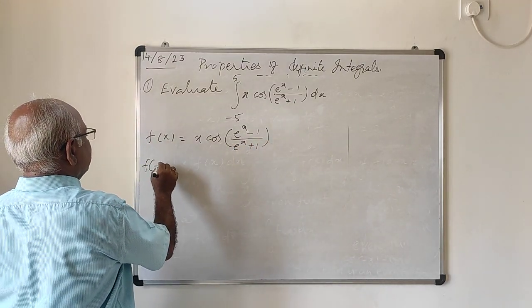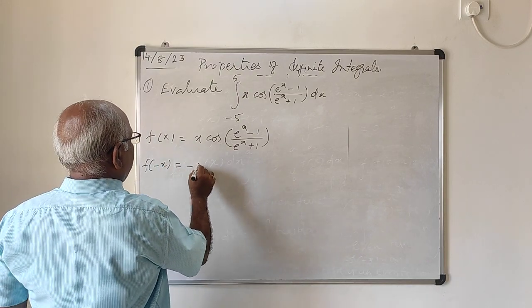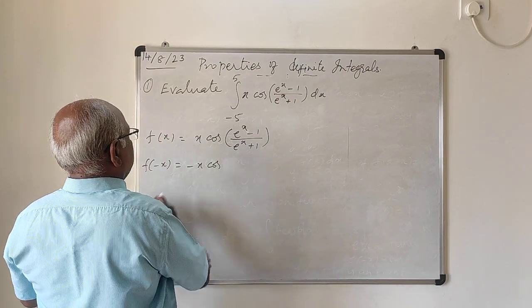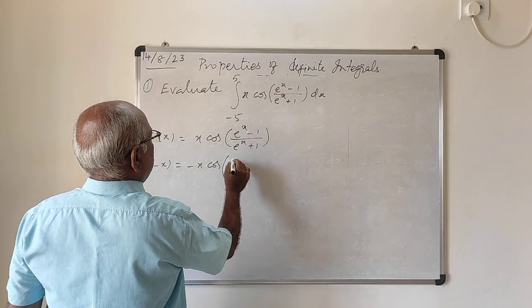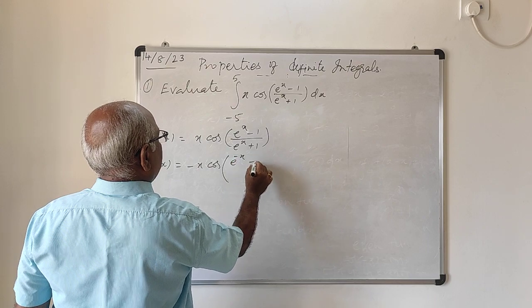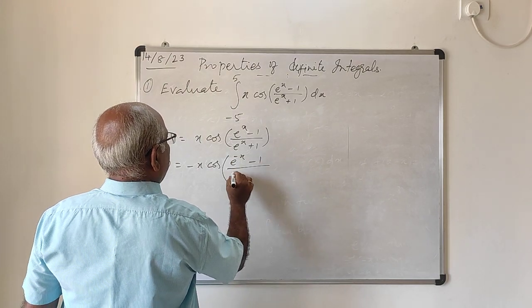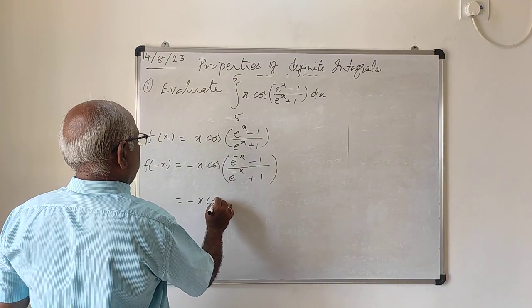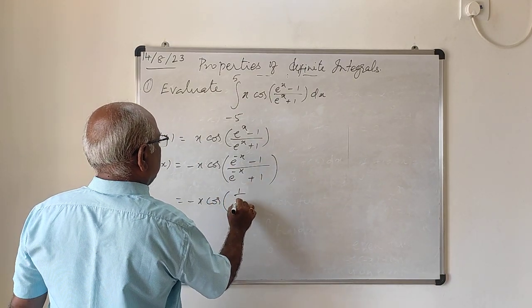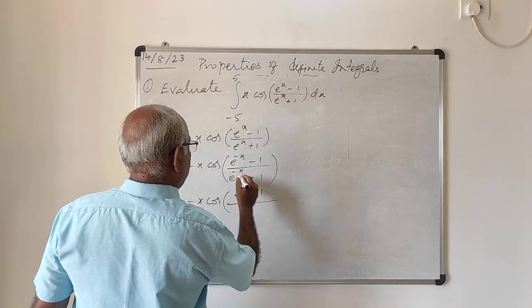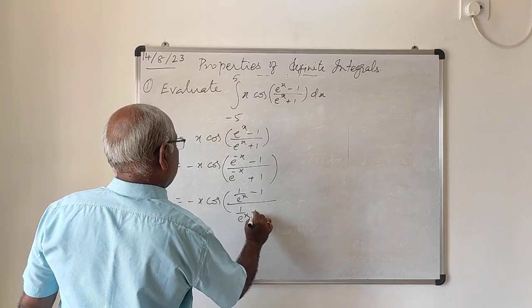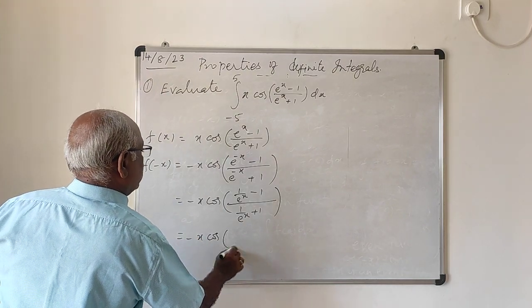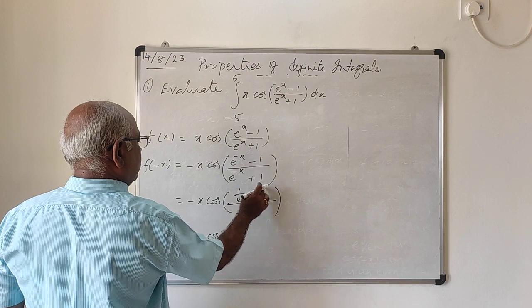What is f of minus x? This is minus x into cos of, in the place of x you put minus x: (e power minus x minus 1)/(e power minus x plus 1).